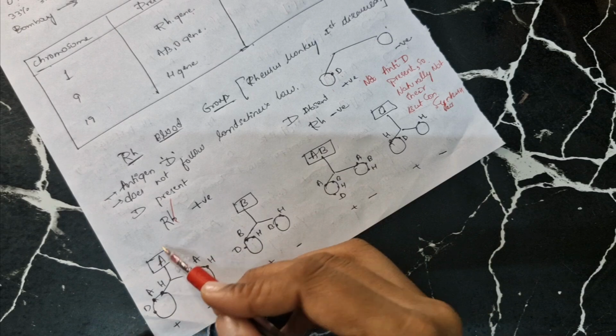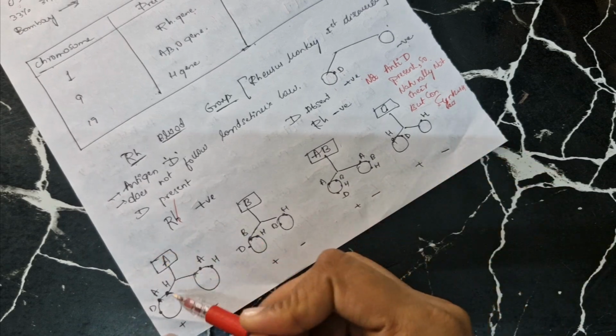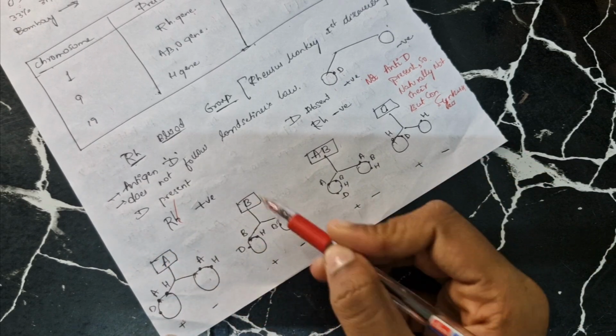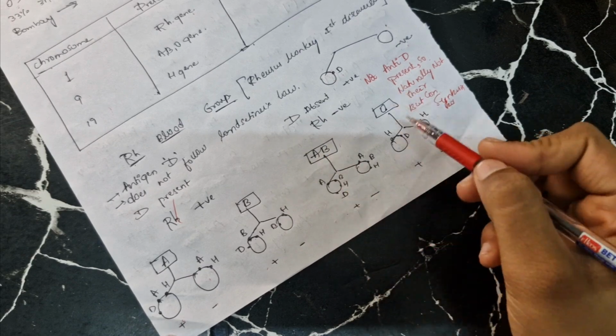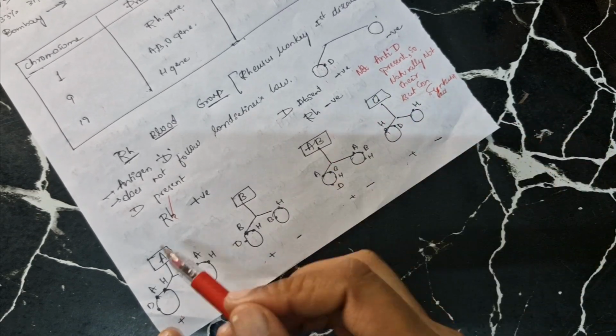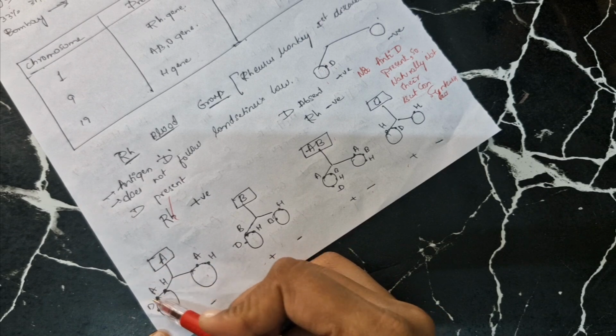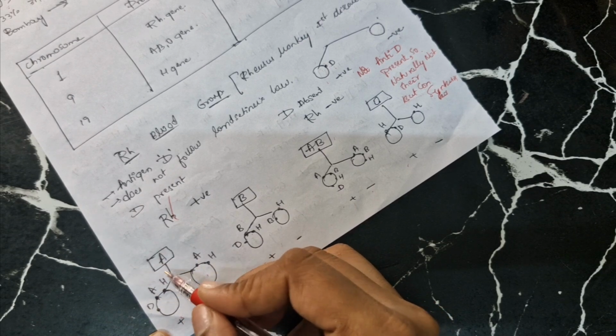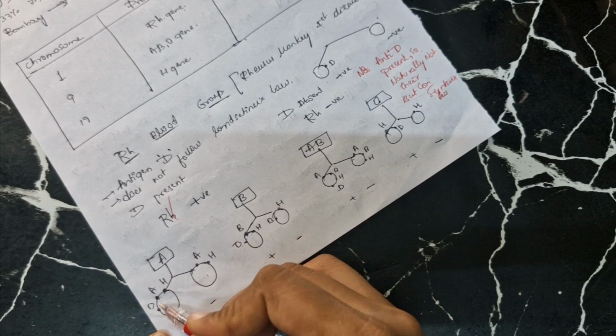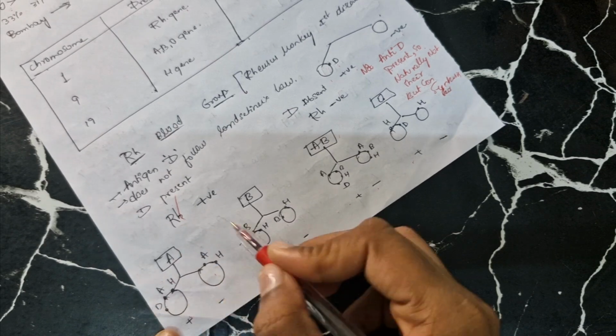Again, 4 into 2, we'll get 8 combinations: A positive, A negative, B positive, B negative, AB positive, AB negative, O positive and O negative. A positive means A antigen obviously should be there, and H will be there in A, B, AB and O. Positive, RH positive means D antigen is there.